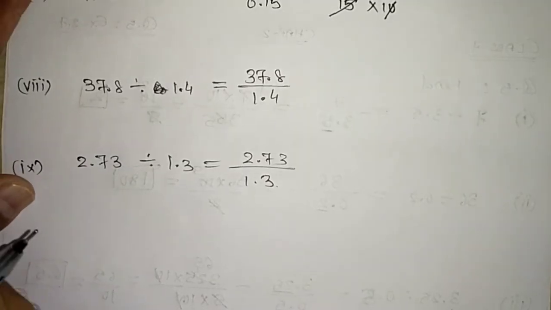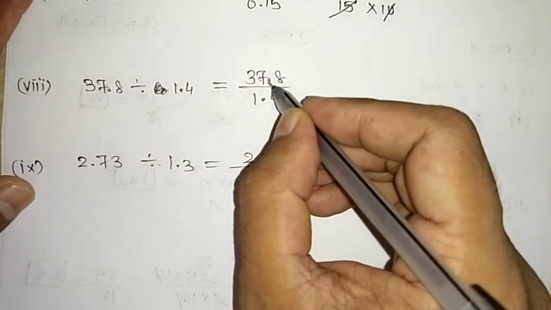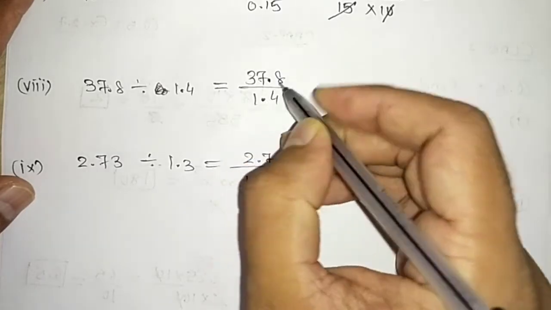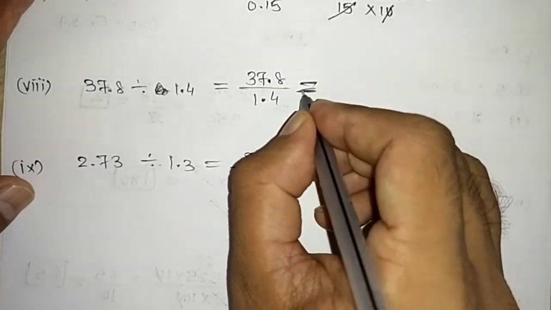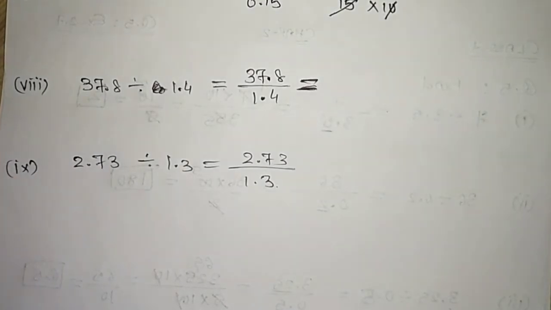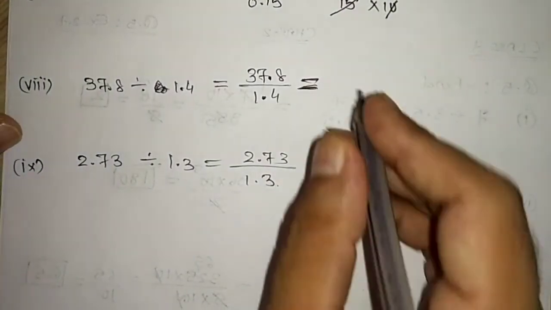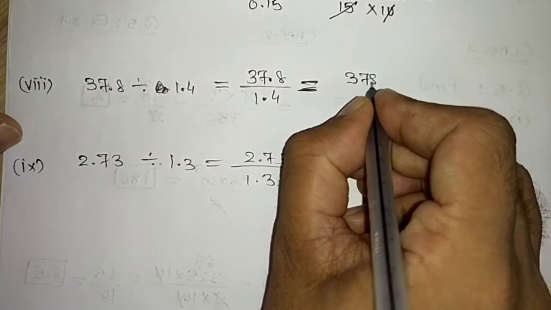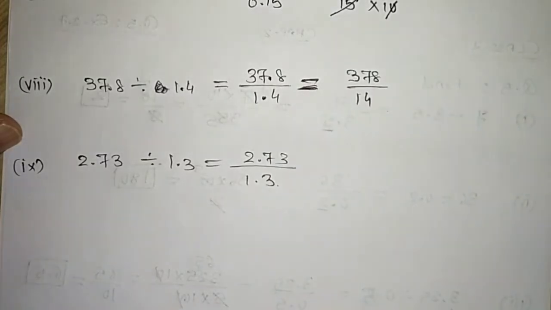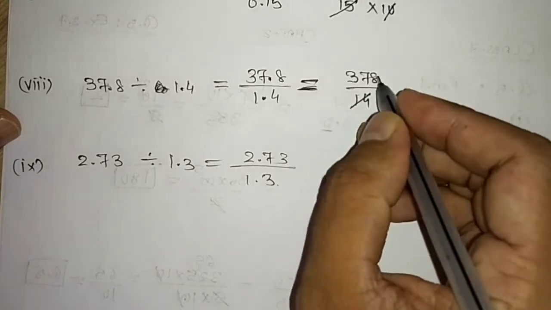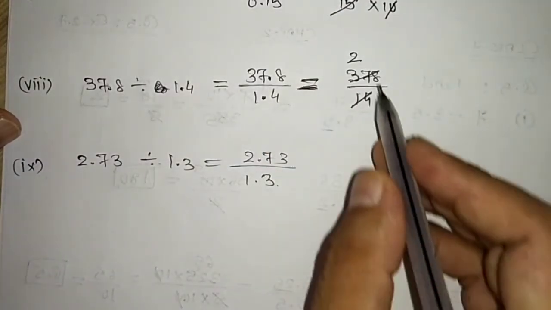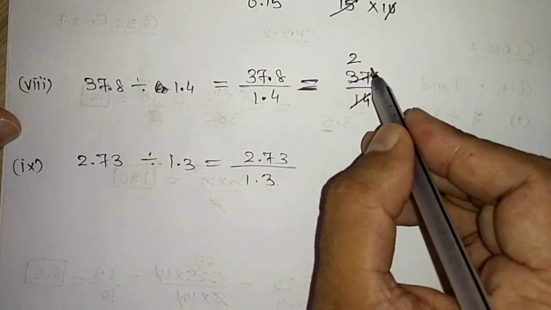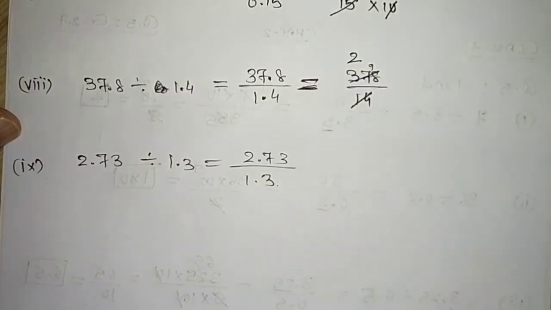37.8 divided by 1.4. Here you can see 1 decimal above and 1 decimal below. As I have told, if it is 1 above and 1 below, then you can directly remove. So I will write 378 divided by 14 directly without writing 10 divided by 10. 14 ones are 14, 14 twos are 28. 28, how much will be left? 98. 9 will be left.